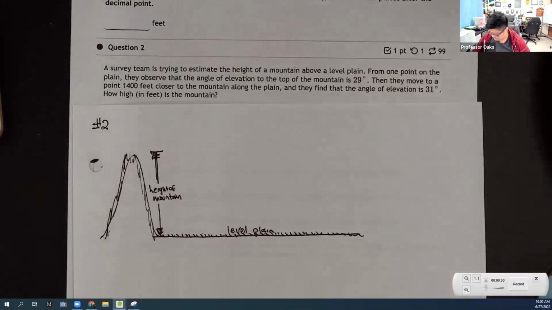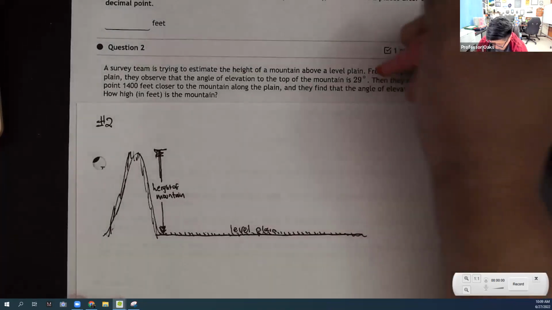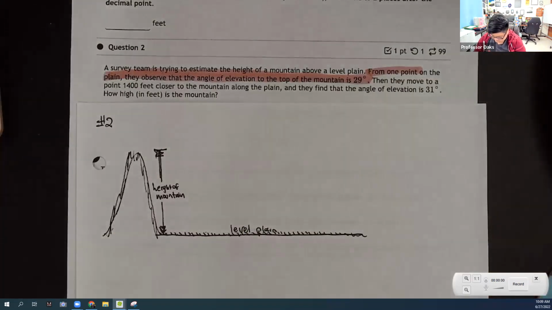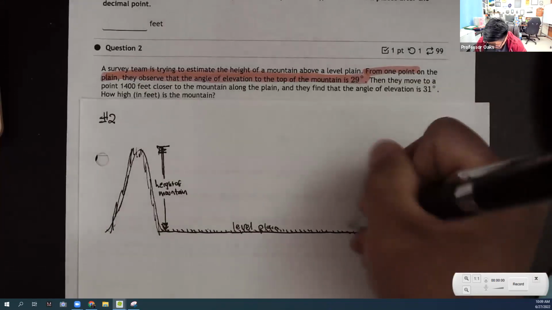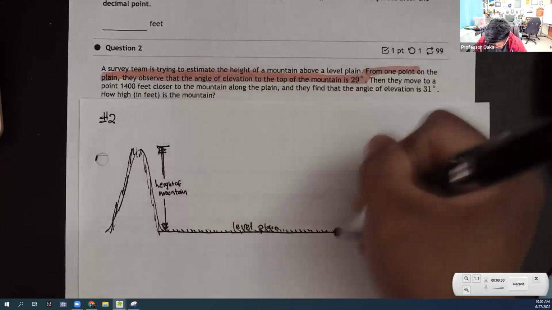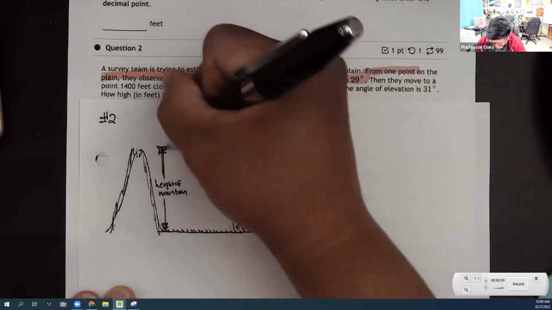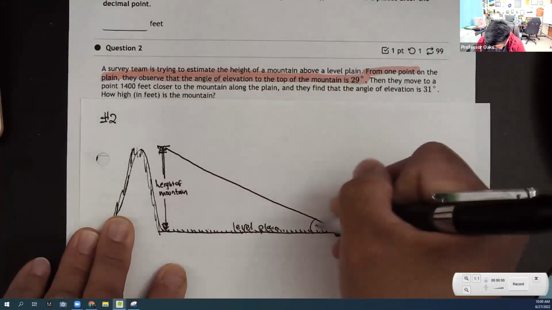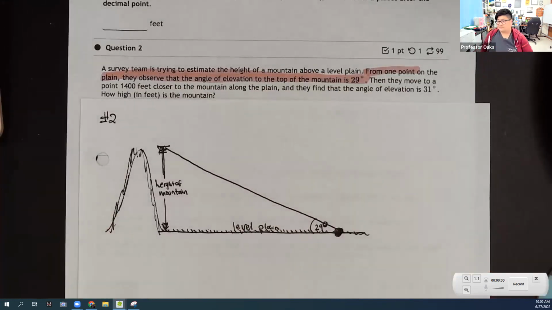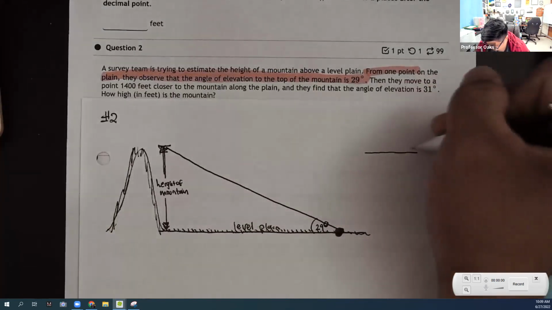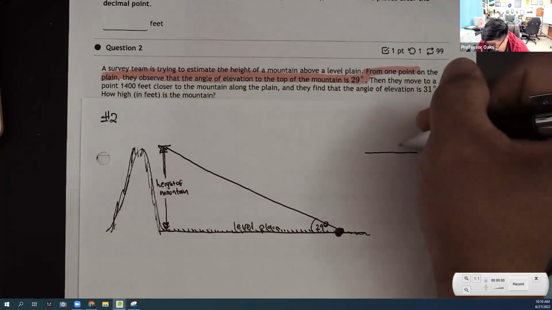But then from one point on the plane, they observed that the angle of elevation to the top of the mountain is 29 degrees. So if you're right here, then the angle of elevation would be that right there.